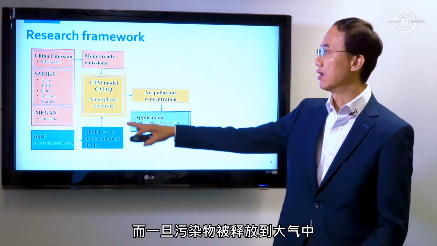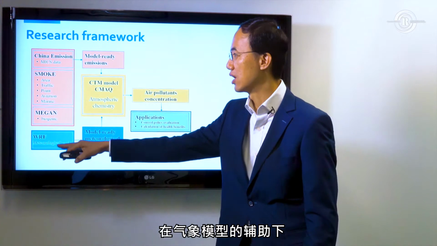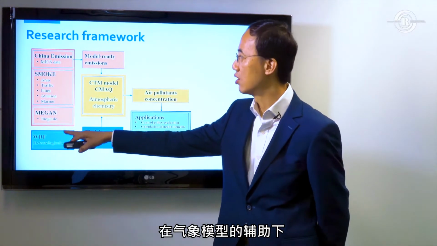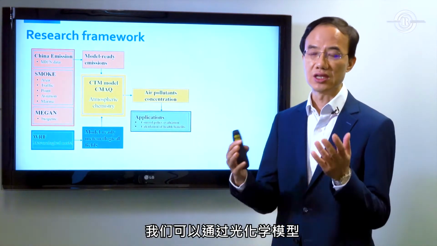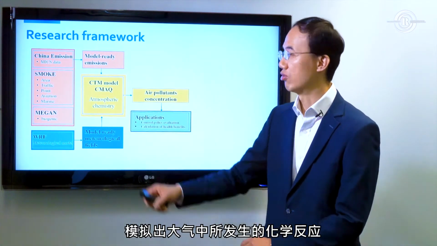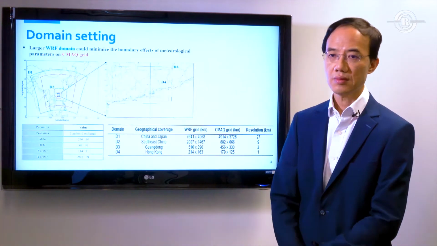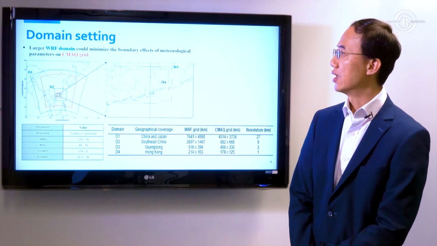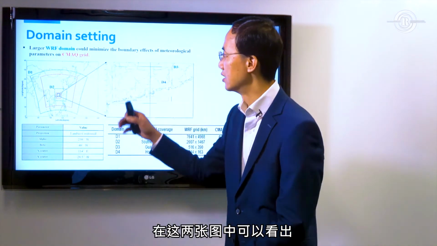Once the pollutants are released into the atmosphere, together with the meteorological model, we can find out various chemical reactions in the atmosphere with this photochemical model. The domain of study is demonstrated in these two graphs.